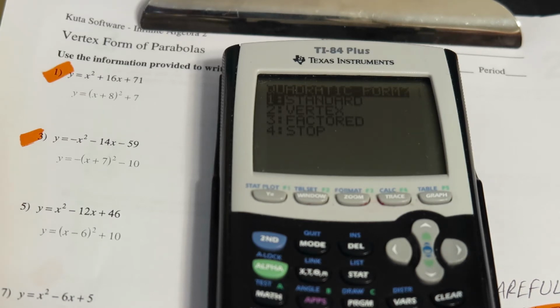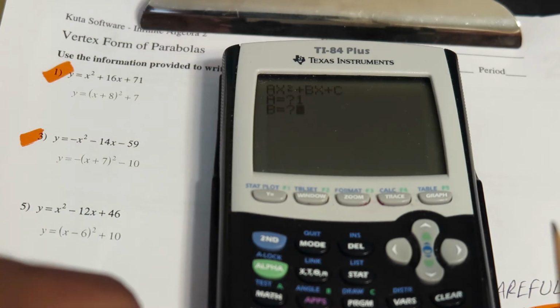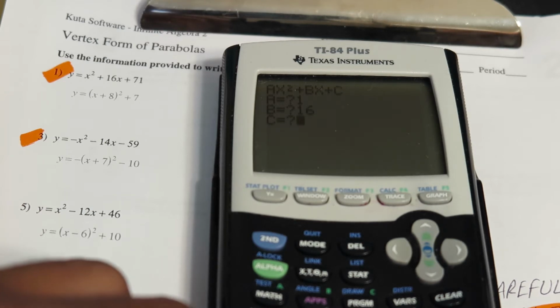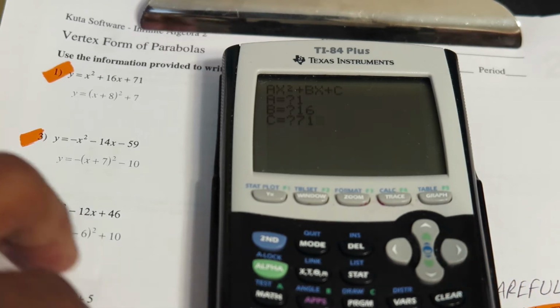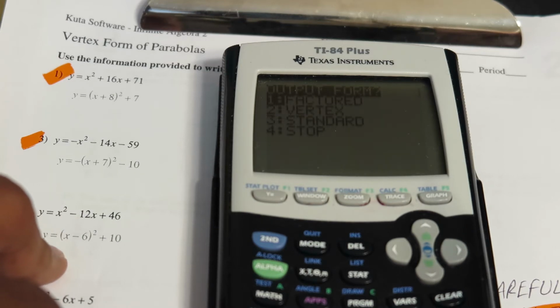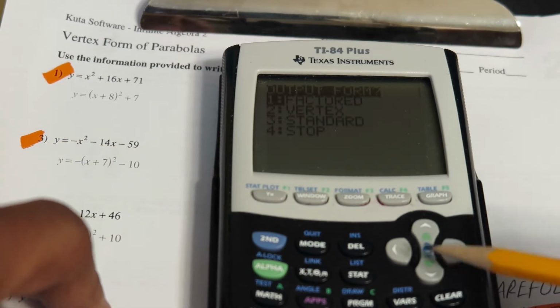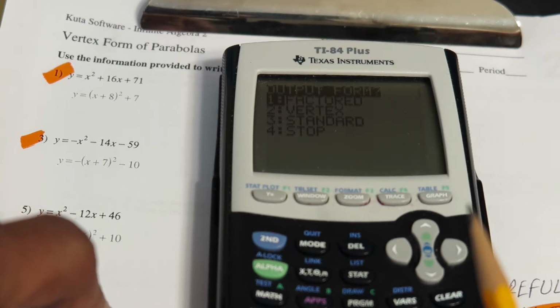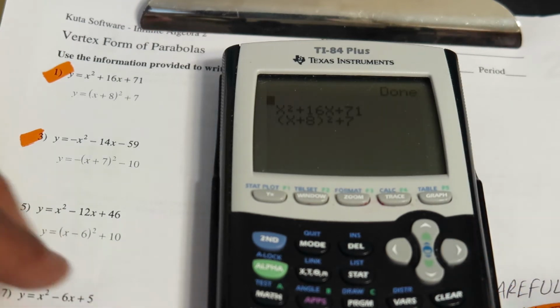And they want us to put it in vertex form. So we're going to put in a 1 for the leading coefficient, 16 for the B term, and 71 for the C term. In this case, we want to choose option 2, the vertex. So we're going to choose option 2, and there we have it.